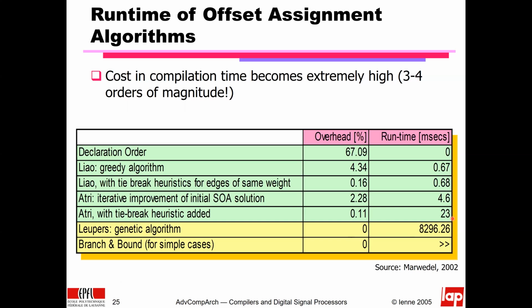So if you imagine that you are usually annoyed when you are running GCC that takes too long to compile your program, now imagine that you have some of the components that are several orders of magnitude longer, right? So it's one problem.